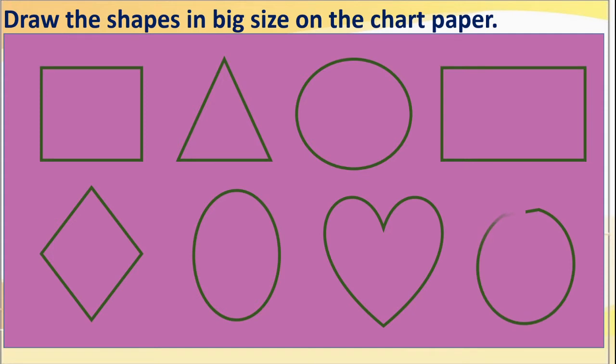See this? You can see here kite shape, oval shape, heart shape, egg shape, isn't it? Some more we will try. See this? Cloud shape. This you know, star.